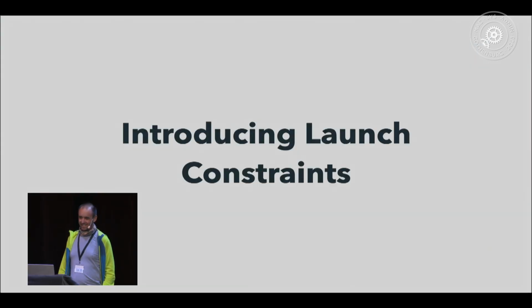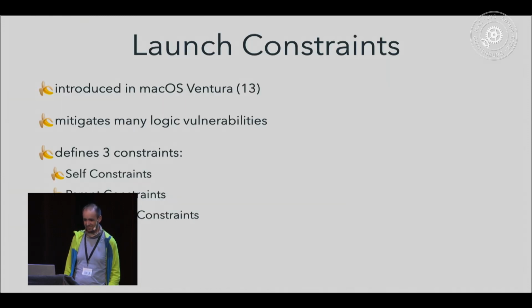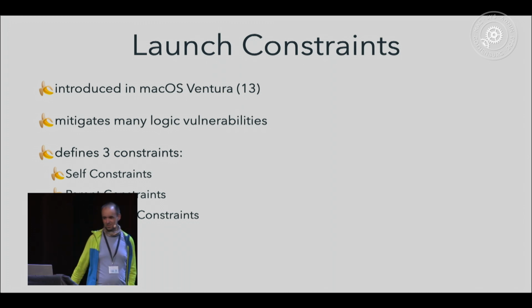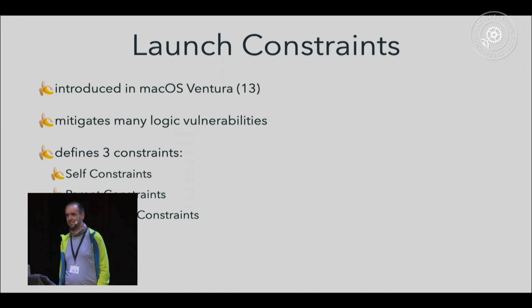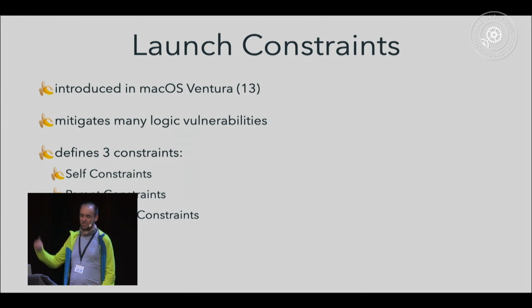So Apple said it's enough, and they engineered launch constraints. So what is that? It was introduced in macOS Ventura, and it basically mitigates many of the previous and other logic vulnerabilities on the system. So the vulnerability might be there, but they make exploitation impossible.